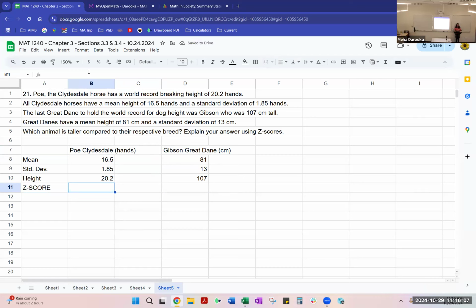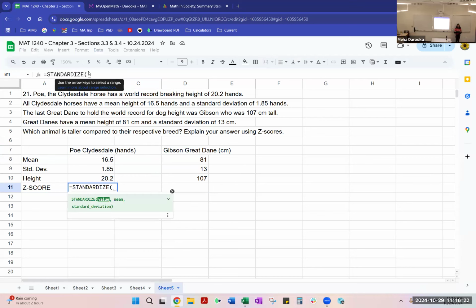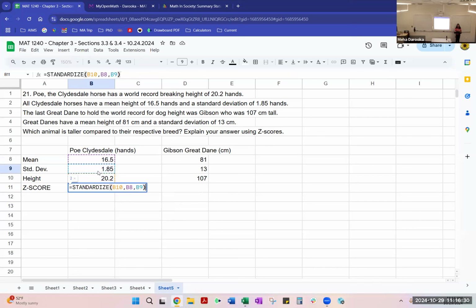Alrighty. So can you tell me what the z-score for each category is? Okay, so that would be the function standardize. Okay, so Poe is at 20.2 hands. The mean was 16.5 and standard deviation was 1.85.